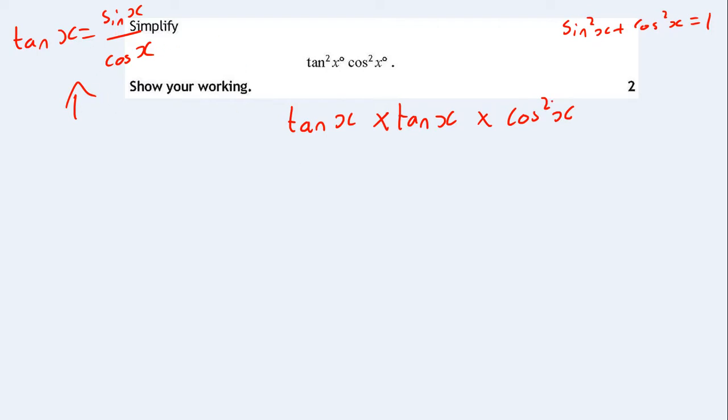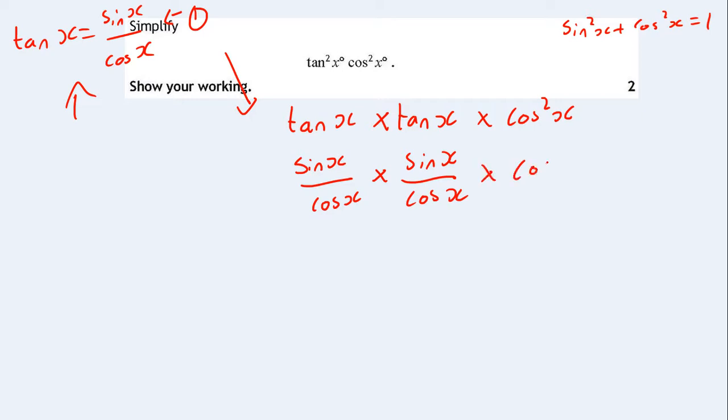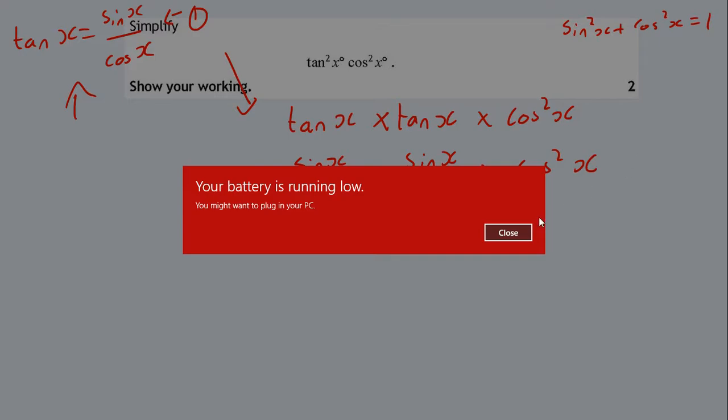Okay, so we're going to get 1 mark for writing this equation down and then for using it here. So instead of writing tan x, I'm going to write sine x over cos x times sine x over cos x times cos squared x. Okay, that's 1 mark got straight away.